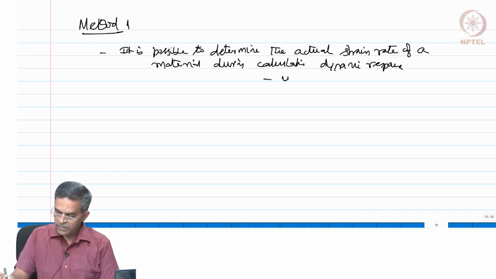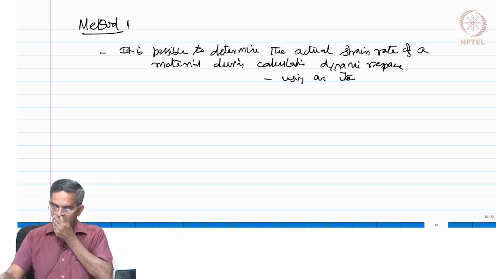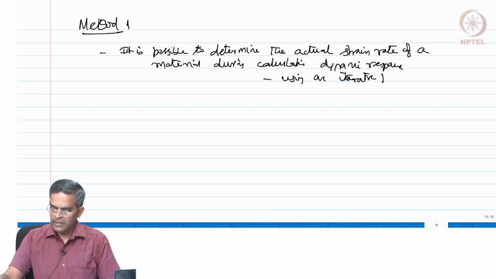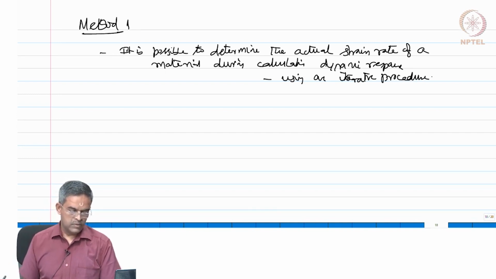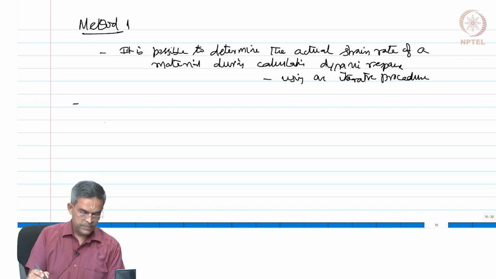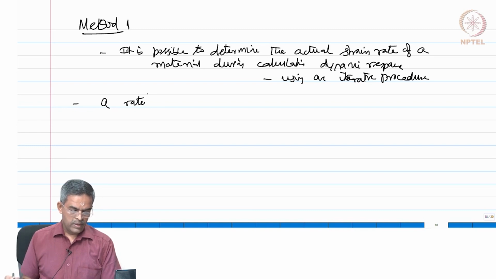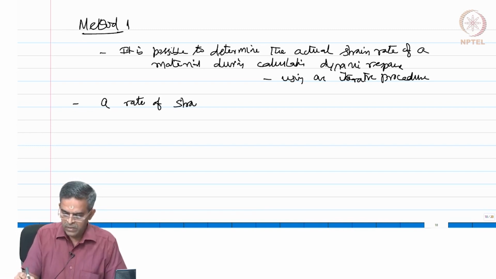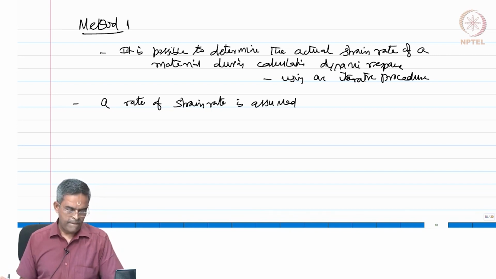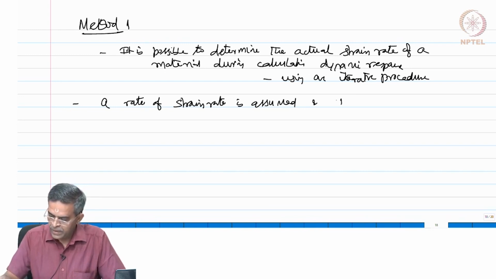This can be done using an iterative procedure. What do we do, a strain rate is assumed and an appropriate DIF is selected.